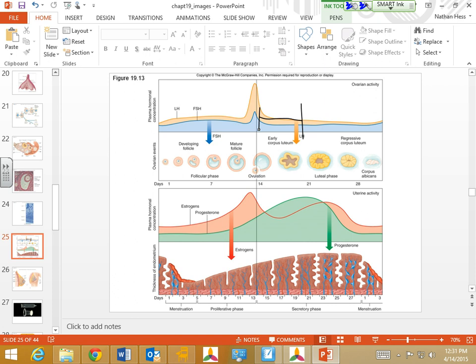And again, that's when this endometrium is at its thickest, right? It's ready. If the egg and the sperm get together, it's going to implant there and start growing this baby. If the egg's not fertilized, then this is where it starts flushing all that stuff out over that 3, 4, 5 day period.